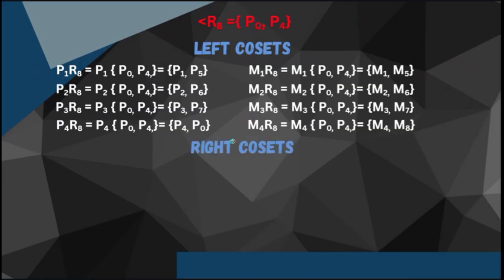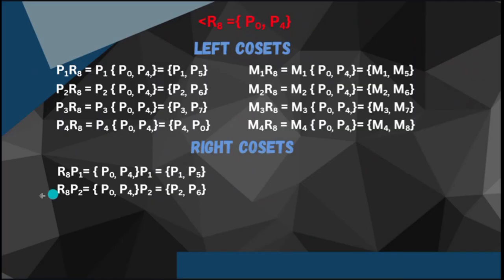For right cosets, we have R sub 8 multiplied by rho sub 1. We have rho sub 1 and rho sub 5. R sub 8 multiplied by rho sub 2, we have rho sub 2 and rho sub 6. R sub 8 multiplied by rho sub 3, we have rho sub 3 and rho sub 7.